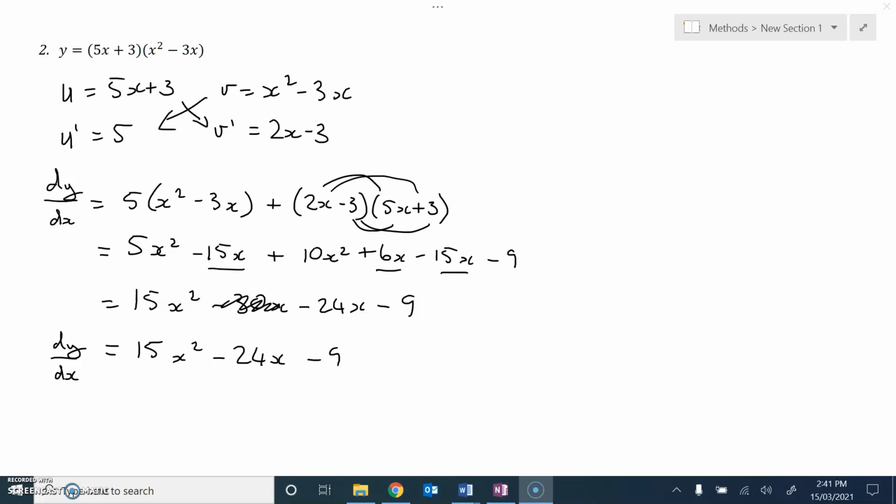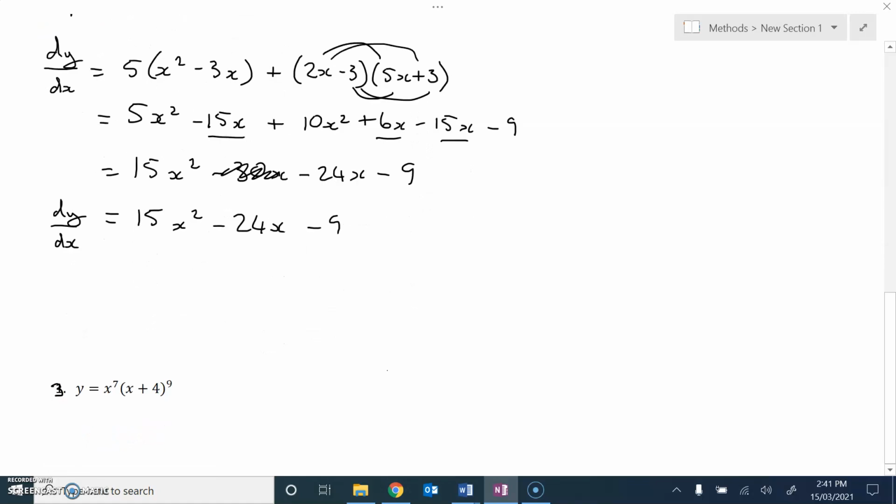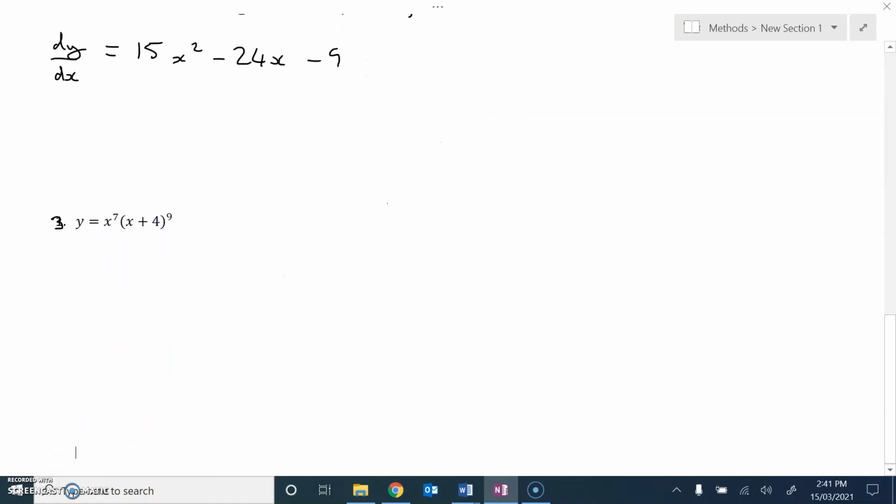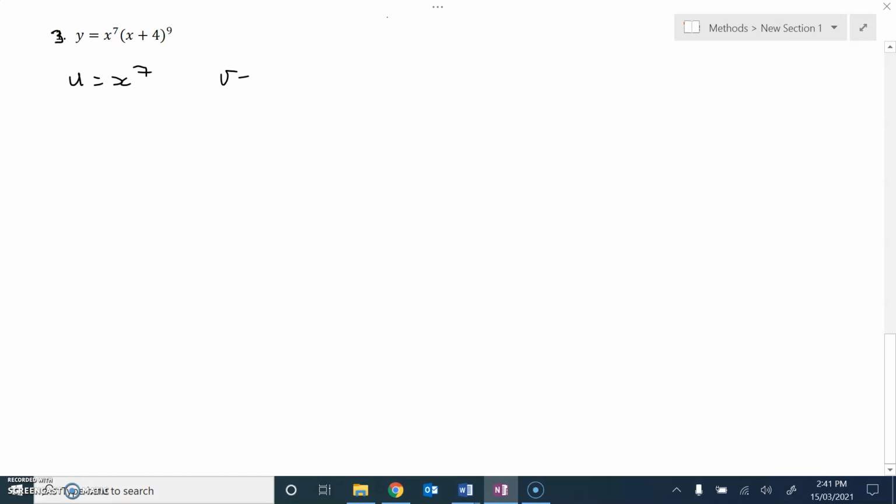Okay, let's keep going. We'll do another one. Now this one's a bit of a trick. There's a few tricks in this one, but let's have a look. u equals x to the 7, v equals (x plus 4) to the 9.